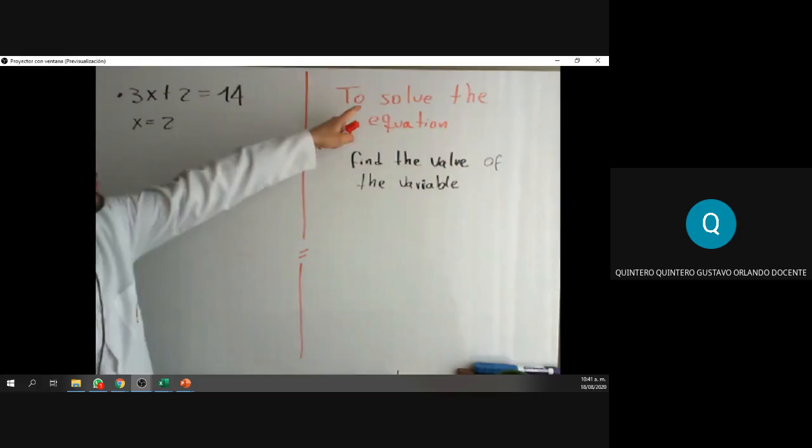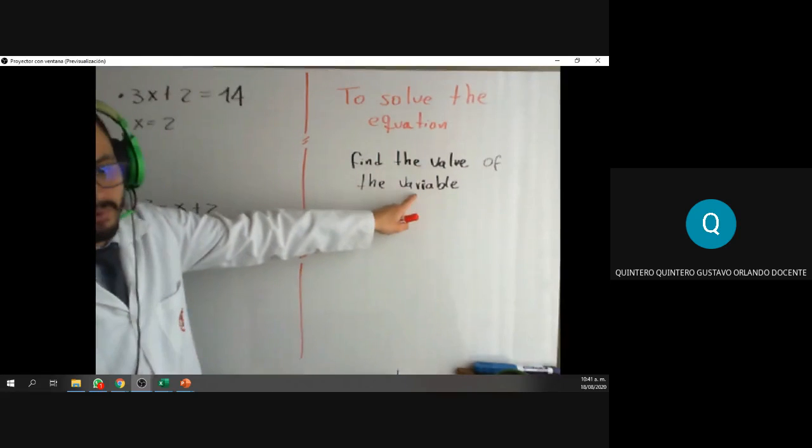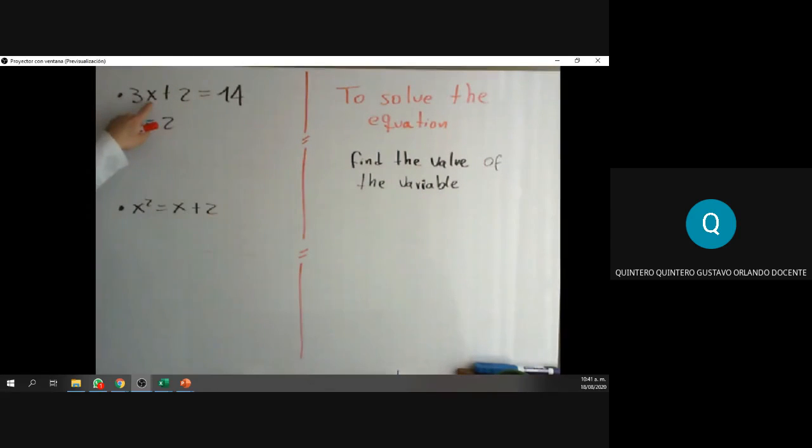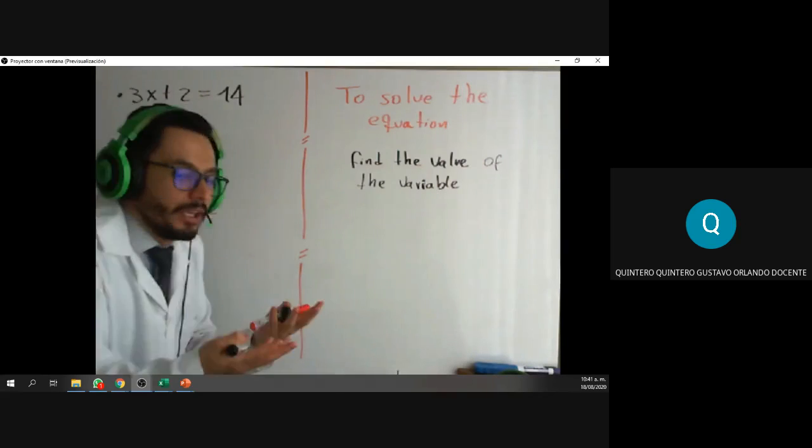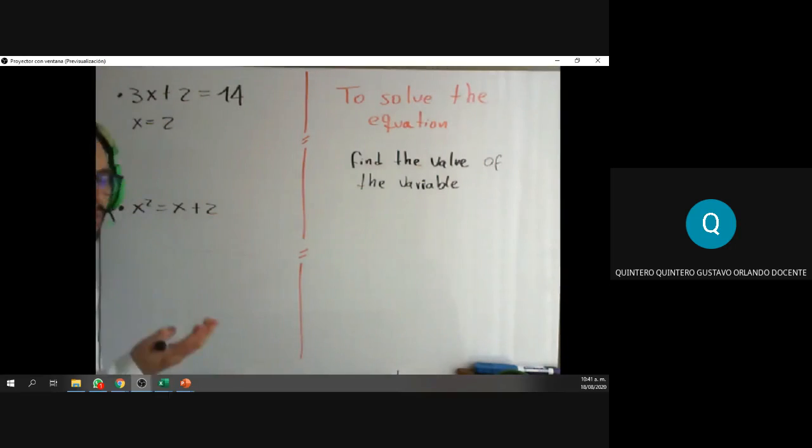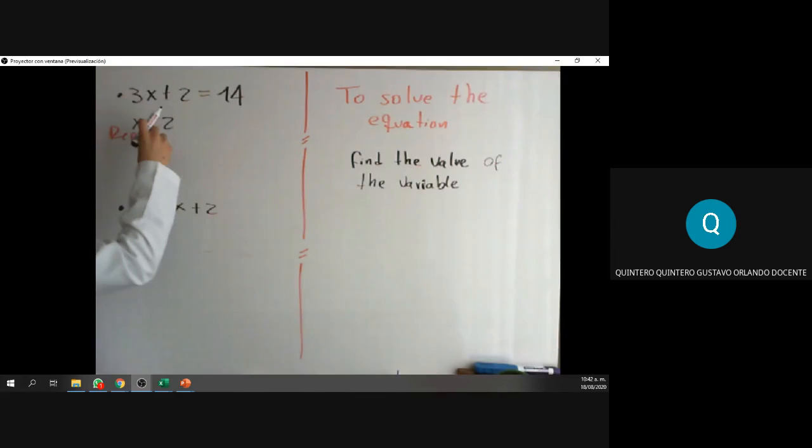Remember, we are solving the equation, so we're finding the value of the variable. At the end, we need to find the value for x. So we can think that x could be 2. How can we make sure of that? Well, we simply replace the value in the equation.